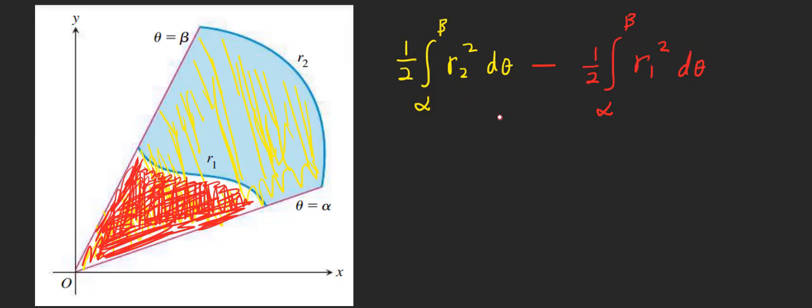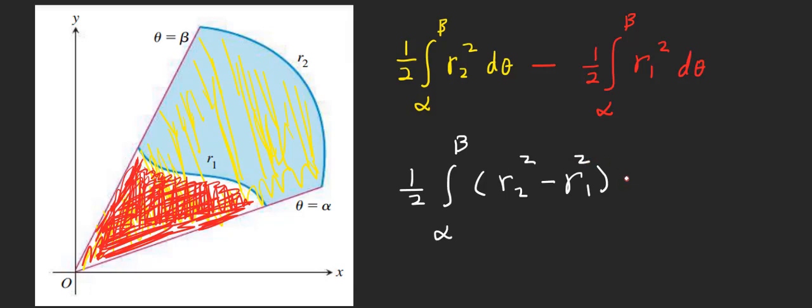And when you combine these, you will get 1/2 times the integral from alpha to beta of the quantity R2 squared minus R1 squared, d theta. So here R2 is the longer radius and R1 is the smaller radius.